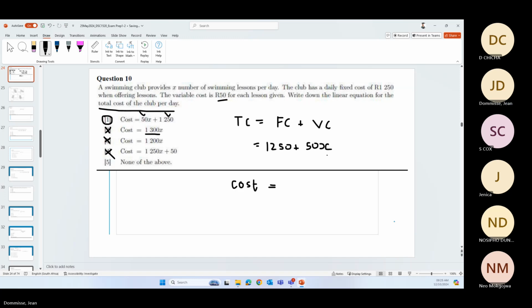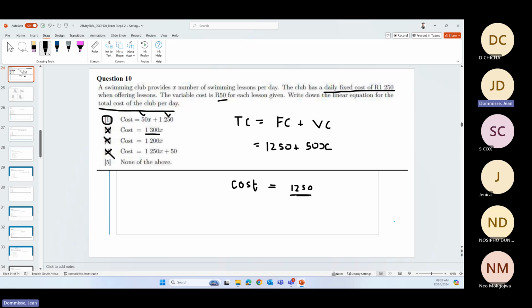So in here, they say that your fixed cost is 1250. So that will be a cost. It doesn't matter how many students will be coming for swimming lessons or people will be coming for swimming lessons. Your daily cost at least is 1250.